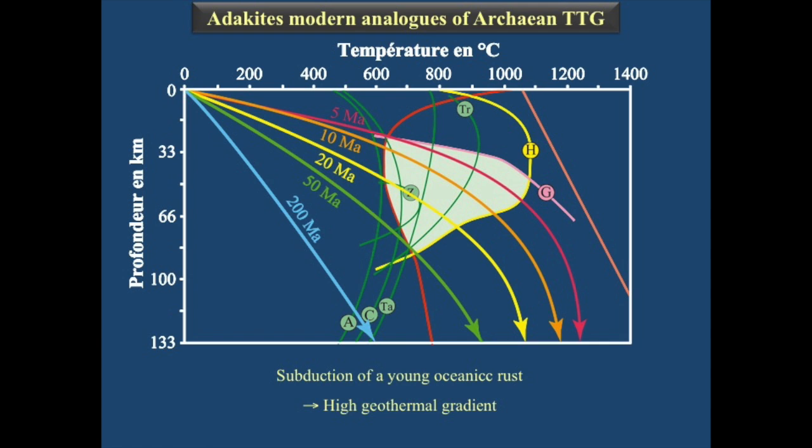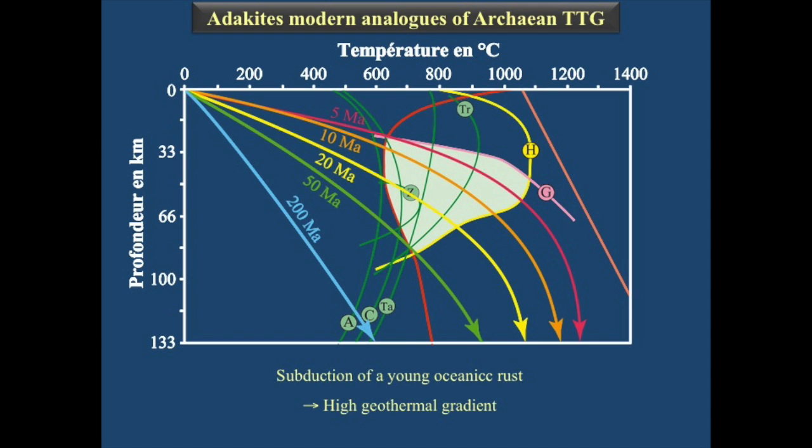For instance, there is some modeling that has been calculated for subduction of oceanic crust whose age is 200 million years. Here is a gradient for 50, 30, 20, 10, and 5 million years. So that means that the younger the crust, the warmer or hotter the subduction.